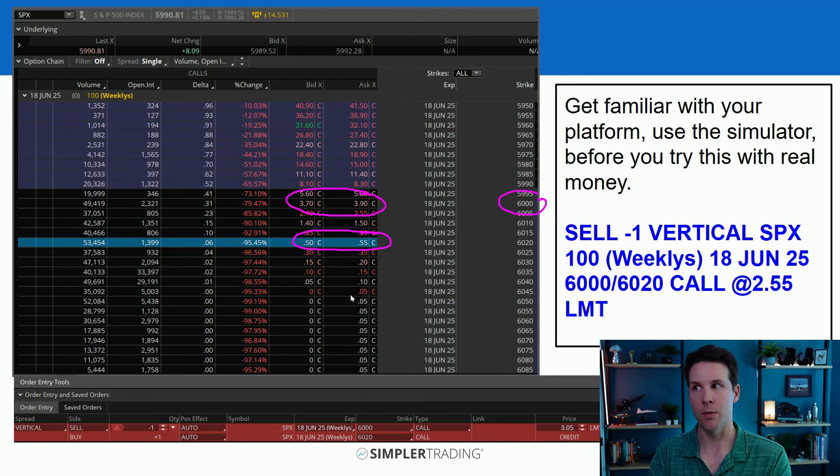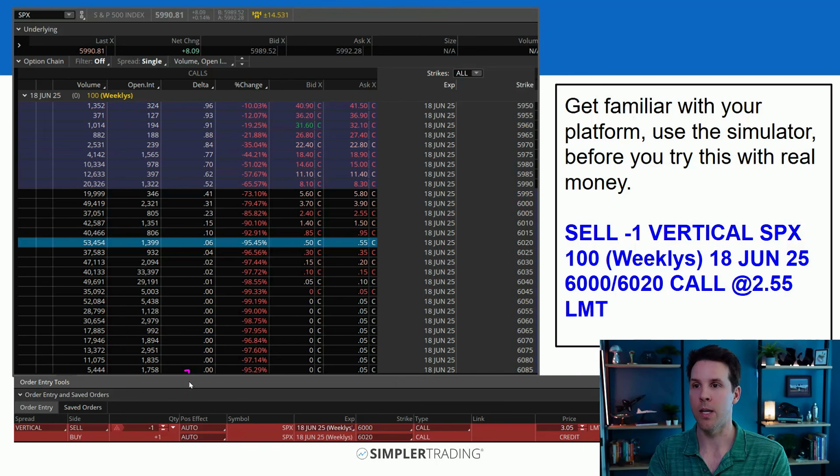And so the difference between that is going to be the $2.55. And if this goes in your favor, you want the $2.55 to keep going down in value, because what you sold, you want to be able to keep all of it. You don't want to have to buy it back for that much. And so that's the whole idea. You want it to go down, you want it to go as close to zero as safely possible, and then you can buy it back and you make the difference.